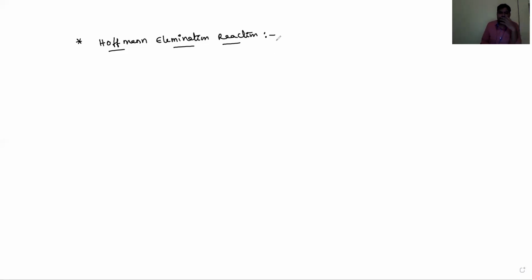According to the Hofmann rule, less substituted alkenes are the major products.